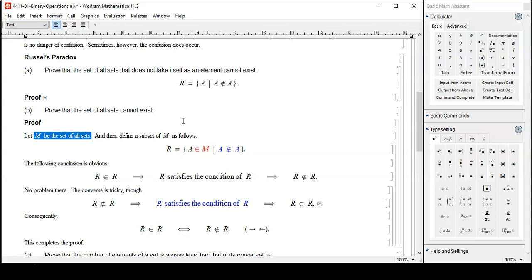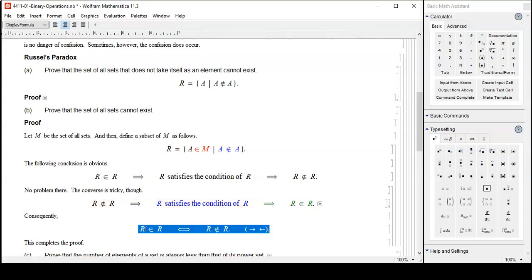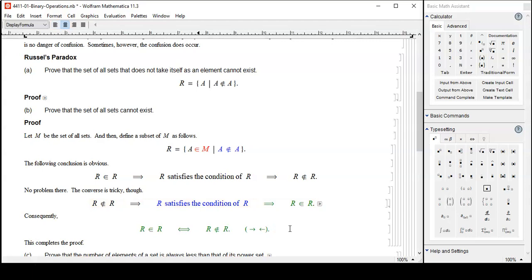That is, the set of all sets cannot exist, so I go down a little bit. In that case, R may go out of this M. So this part may not follow, and consequently, this part may not follow either, so no contradiction.